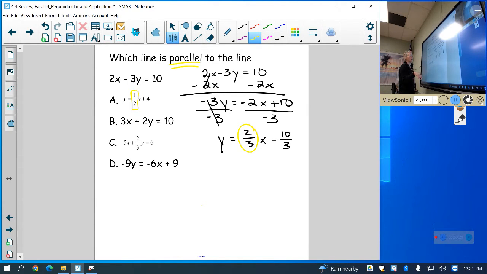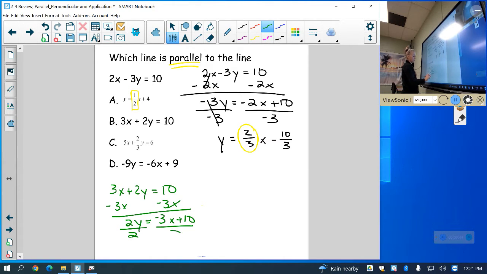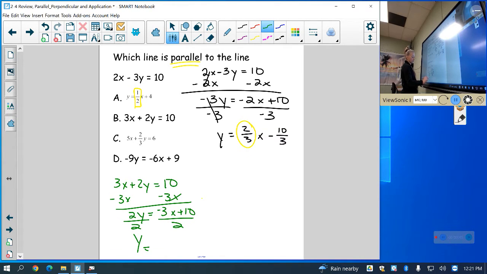So let's find this one. What's the slope of B? So we have B here, so I have 3x plus 2y equals 10 minus 3x. So I have 2y equals negative 3x plus 10. Divide by 2. y equals negative 3/2 x plus 5. Are those the same slope?